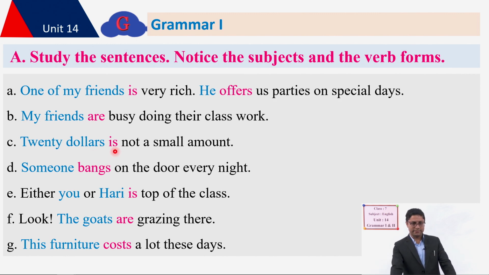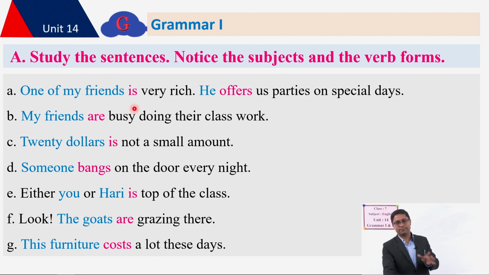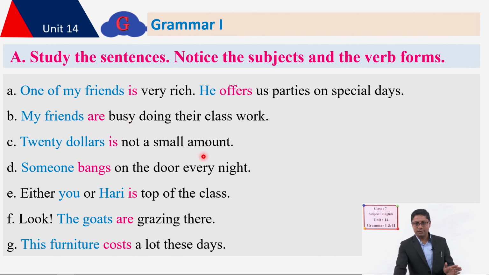Similarly, if you look at third, it is singular. So, you need to know when we use the singular form of the verb and when we use the plural form of the verb, that is quite necessary. For that, you need to learn about the subjects, singular or plural. You need to know whether the subject is singular or plural.